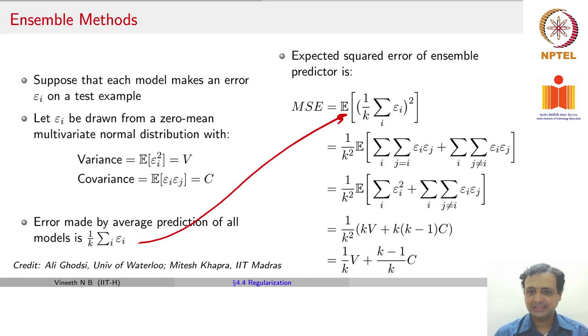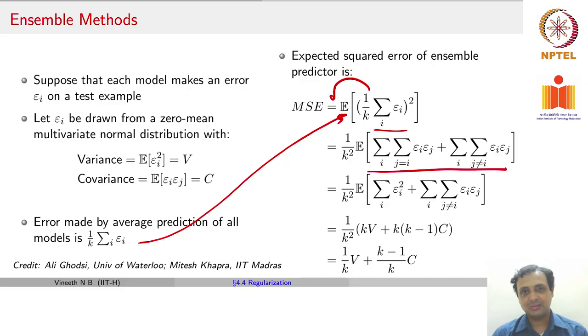Now that can be expanded as, since 1/k is a constant, 1/k square, because 1/k was inside the brackets, it comes out as 1/k square. And the term here can be expanded this way. A simple way to understand why that is correct is, remember, (a plus b) the whole square is a square plus b square plus ab plus ba, right? So that's exactly the way we are writing this out.